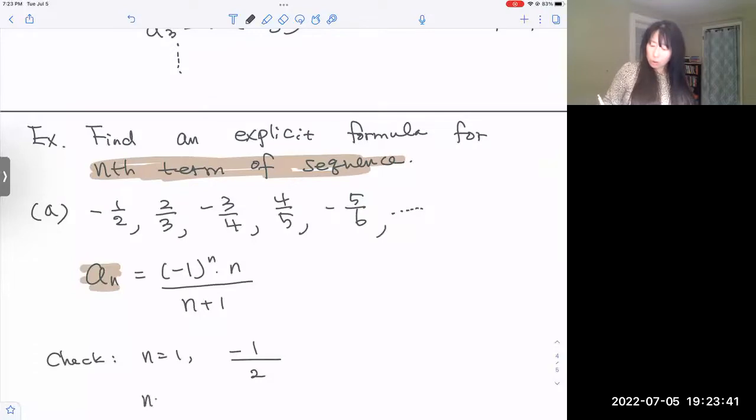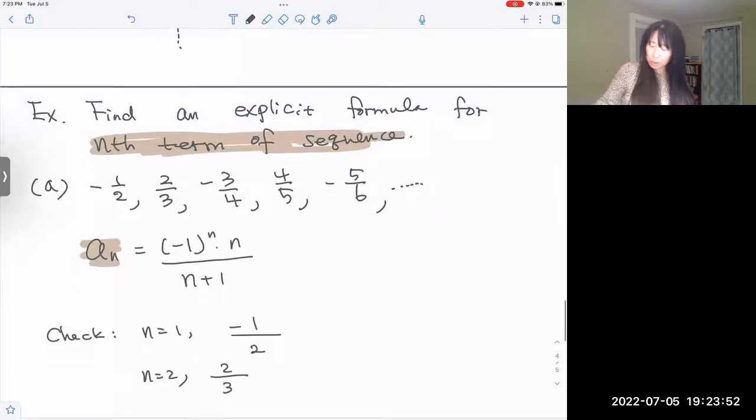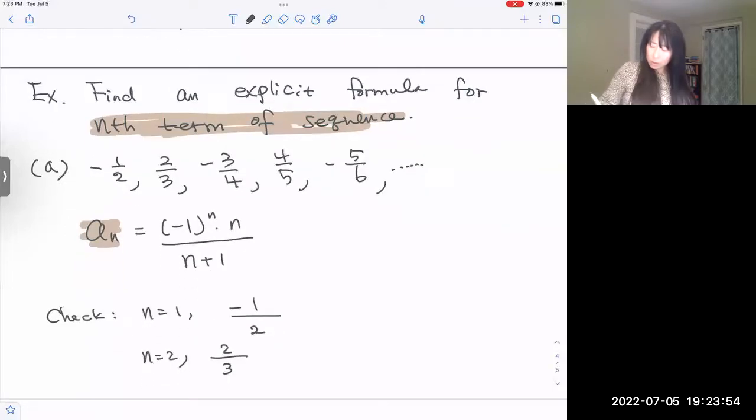N equal to 2, then 2, it's positive, so it's a positive 2 over 2 plus 1, which is 3, right? And n equal to 3, then we have negative 3 divided by 4. Okay, good. And so on, right?